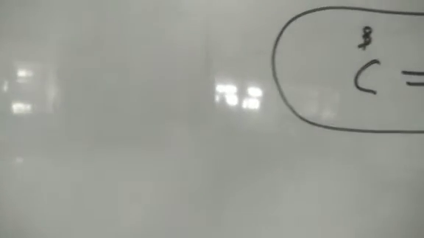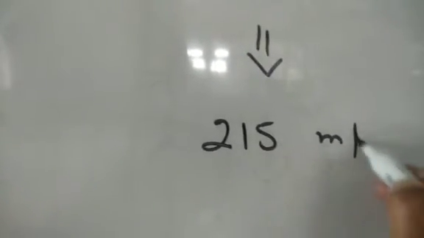So when we have alpha beta type of unsaturation present here, we'll take the base value as 215 millimicrons.